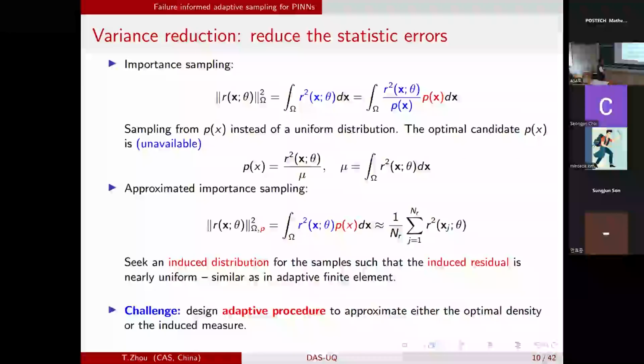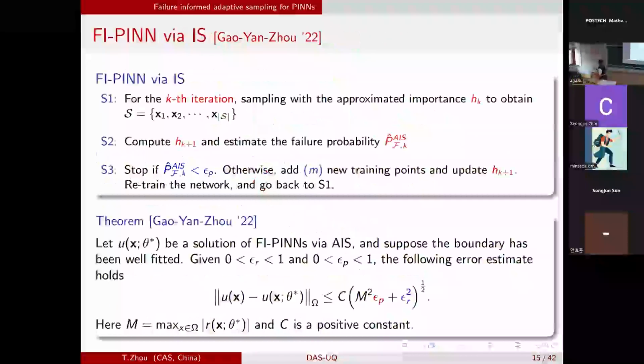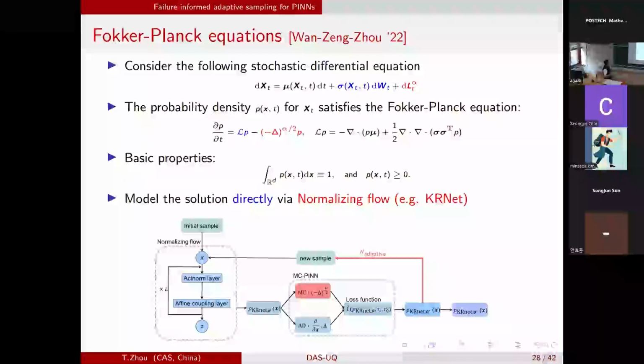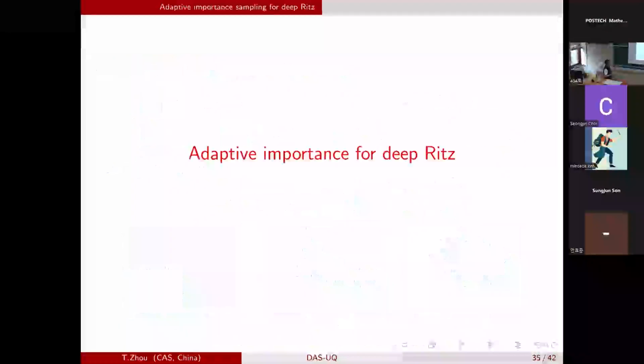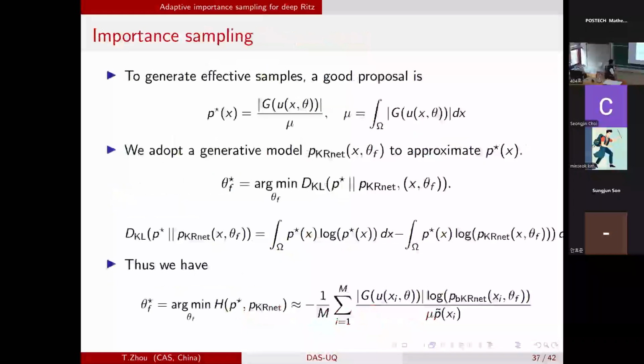So based on the current residual, you will learn to generate a Gaussian density or approximate the optimal density here. But for Deep Ritz, you begin with the variational formula, so it is a little bit different.